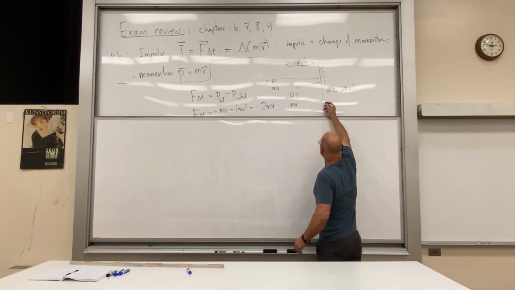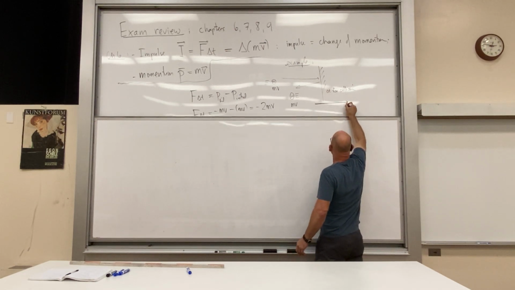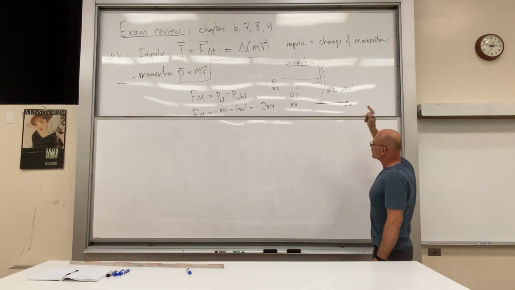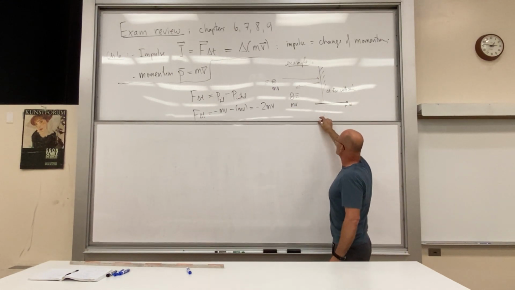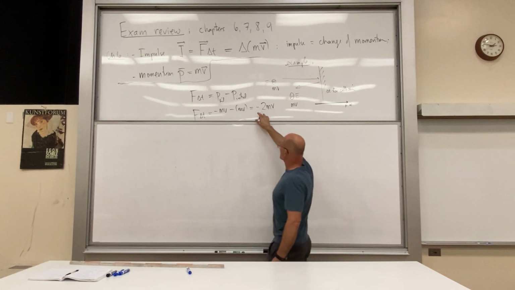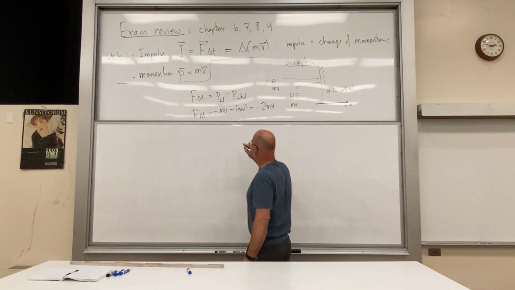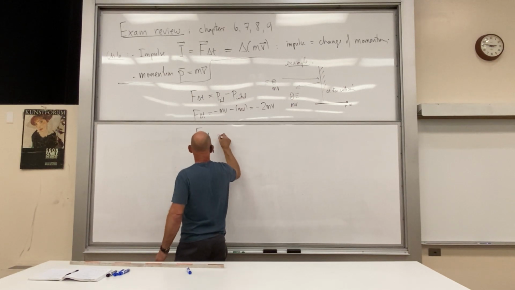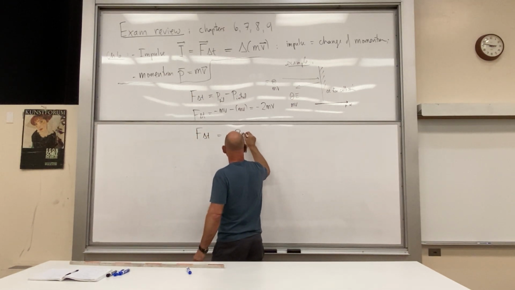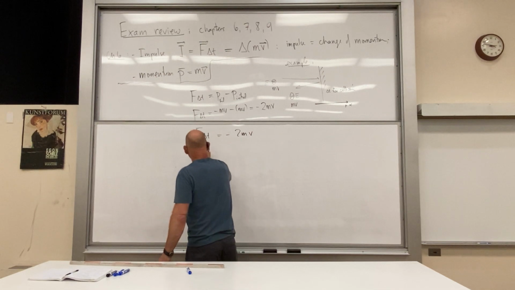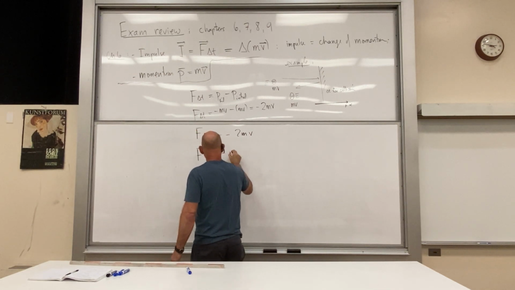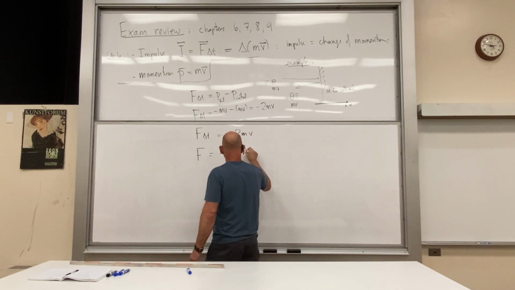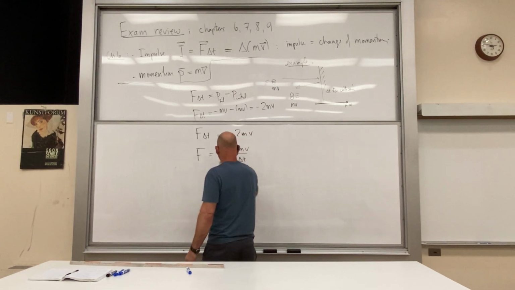Now, if I had put a plus x direction to the right, that would have been a good idea, because that's what I was referring to with these minus signs. So I have F delta t is equal to minus 2mv. F is equal to minus 2mv divided by delta t.